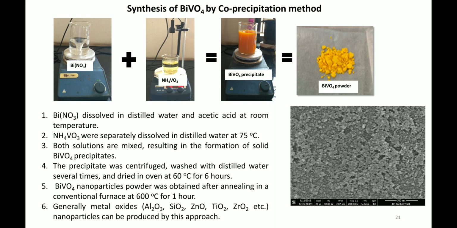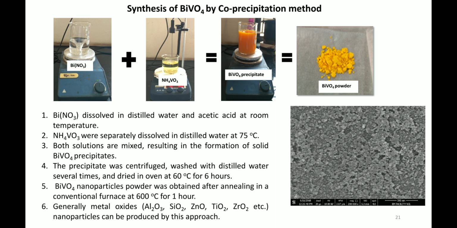When we add these two solutions, you can see a BiVO4 precipitate take place. Initially the solutions were very clear because there is no precipitation, but when you add these two solutions, you get a turbid solution, and we call that co-precipitation has taken place.